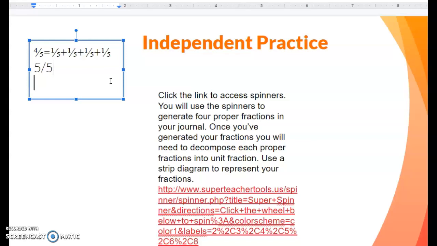It is equal to 1 whole, but we can still represent it as a unit fraction. So it will be 1/5 plus 1/5 plus 1/5 plus 1/5 plus 1/5.